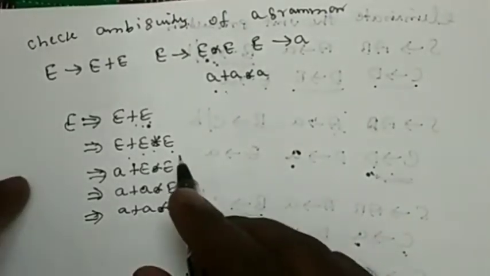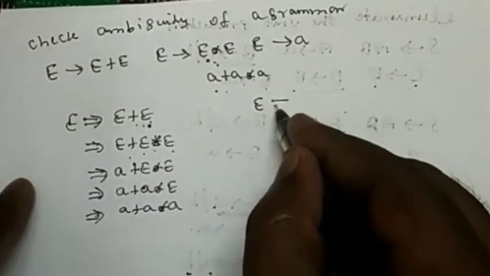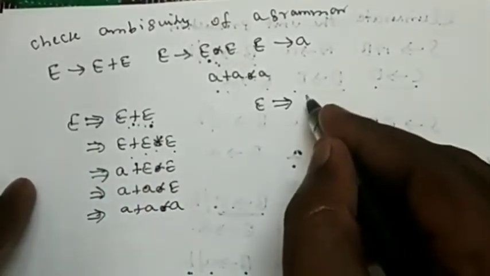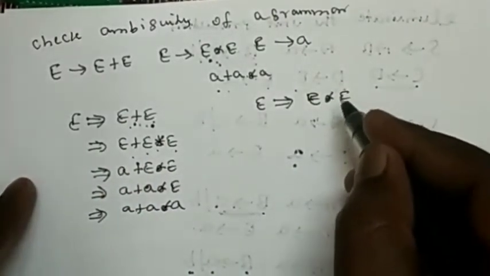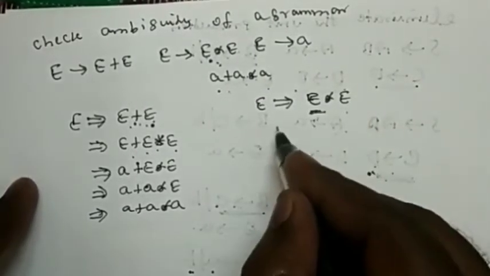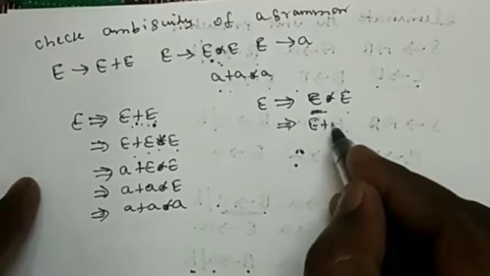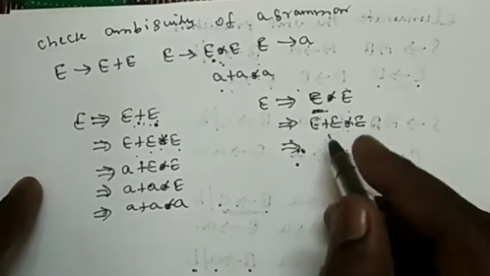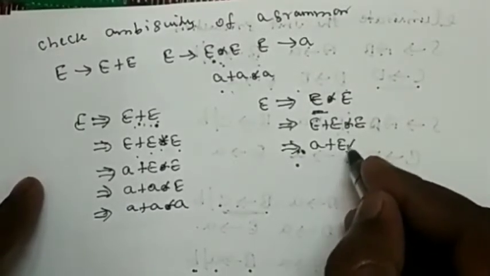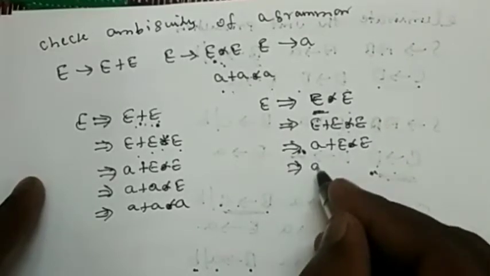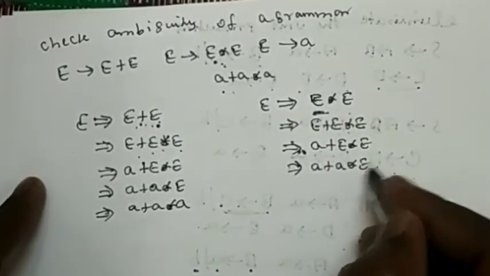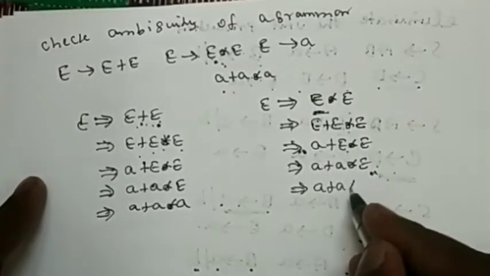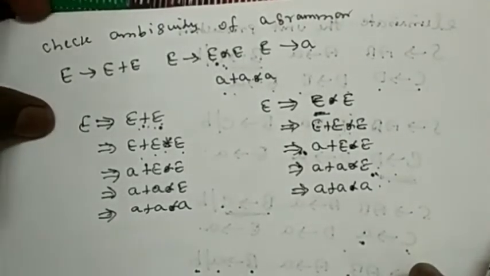So another way of doing the same thing is E tends to, instead of replacing the E by the first rule E plus E, I replace it by E star E. Now I take up the leftmost E here, I replace it by E plus E, so it becomes E plus E star E. Now again you can replace E by A, so A plus E star E, then A plus A star E, and finally A plus A star A. Now for the same string you have two sets of derivations.